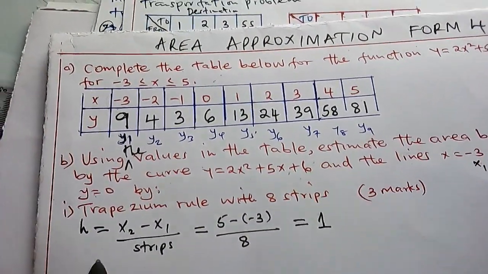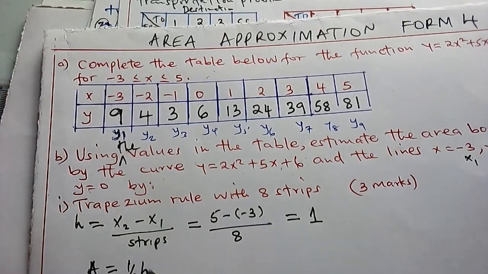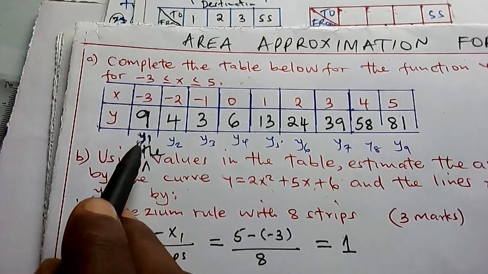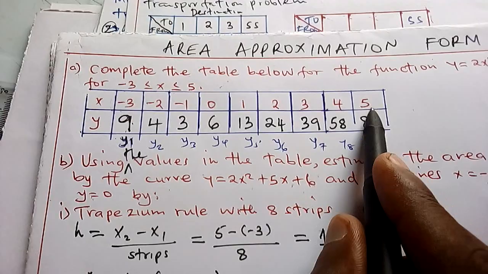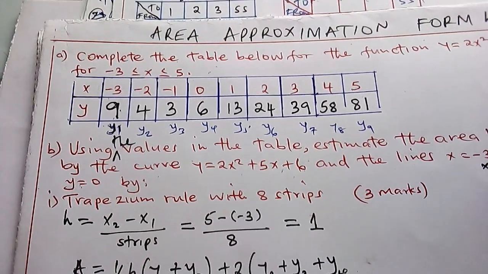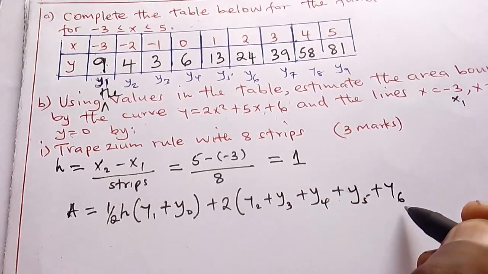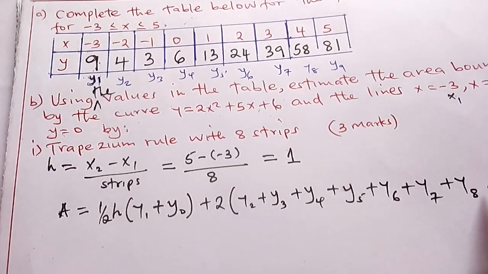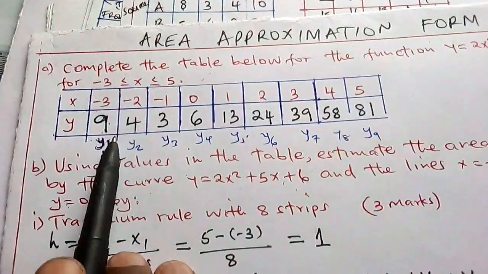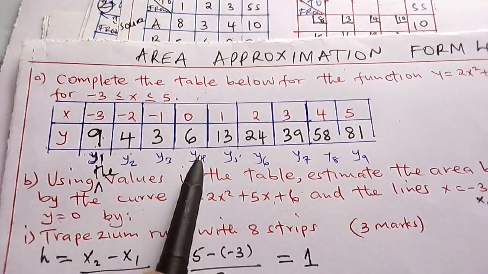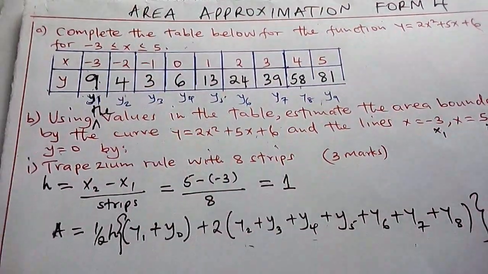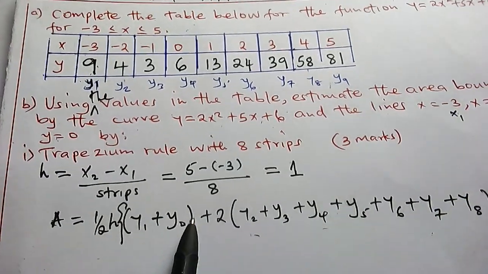So area is normally given by a half h into y1 plus y9, the first y plus the last y, then plus 2 into y2 plus y3 plus y4 plus y5 plus y6 plus y7 plus y8, the rest of the y's.